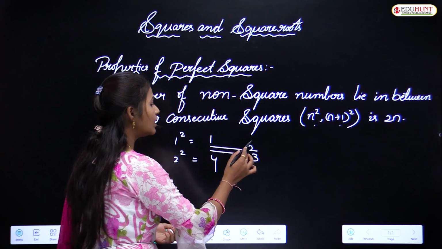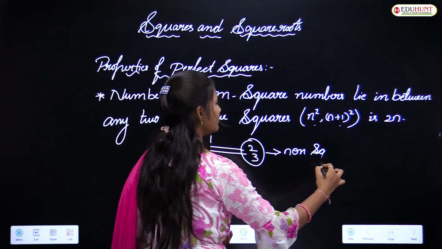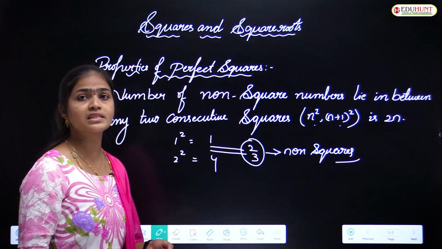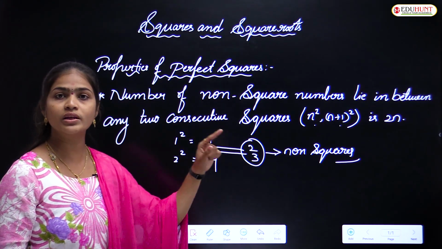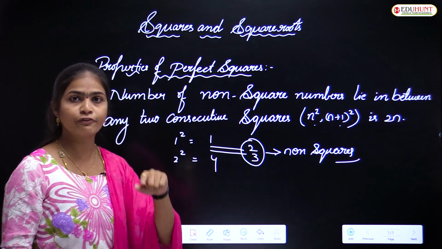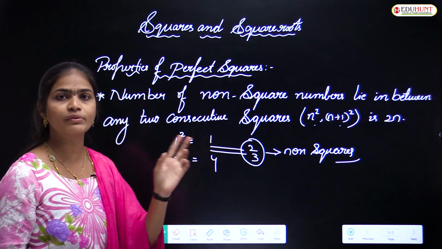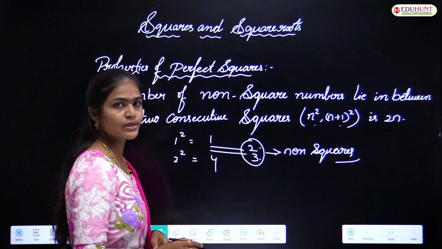Yes or no? We call 2 and 3 non-square numbers. 2 is not a square number. Its square is 4, but 2 is not a square. 2 is called a square root, that we will tell later. So here 2 and 3 are non-squares.